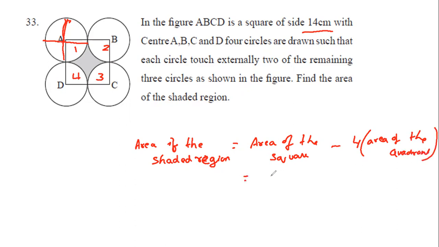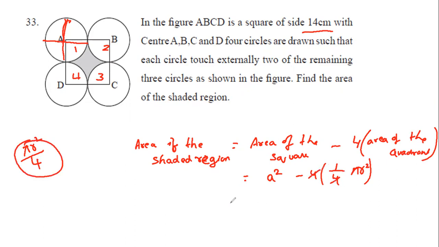Area of the square is, what's the formula? Side into side, minus 4 into area of the quadrant, which is 1 by 4 into pi r square. Area of the circle is pi r square, and it is divided into 4 parts, right? So divided by 4. This is the formula for area of the quadrant.